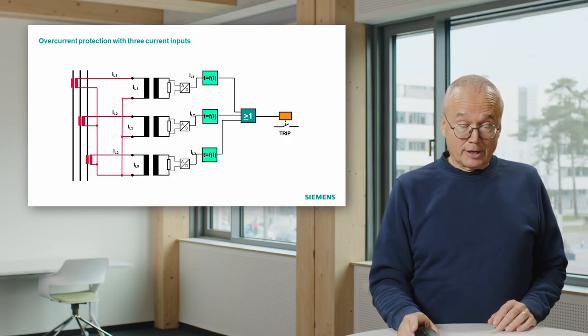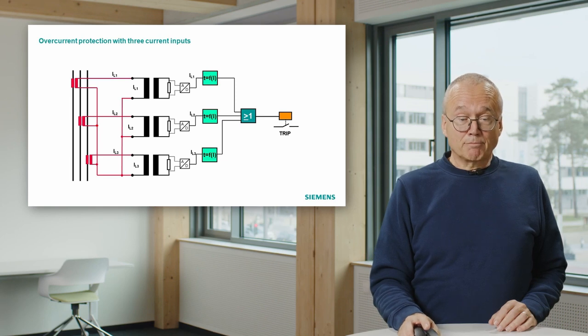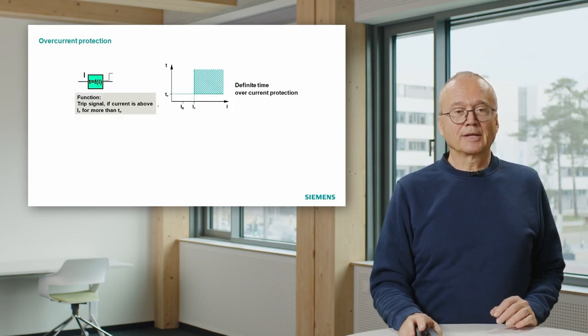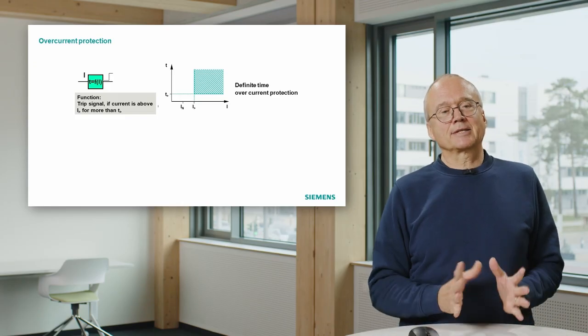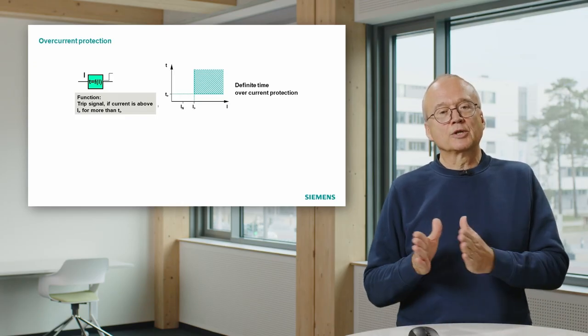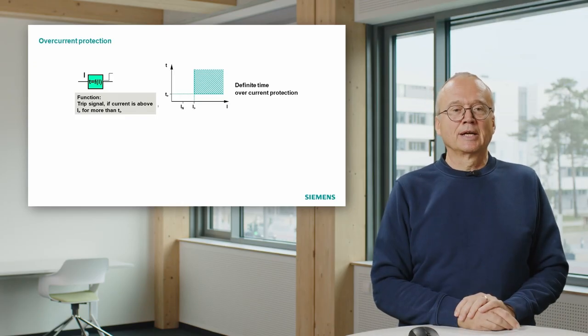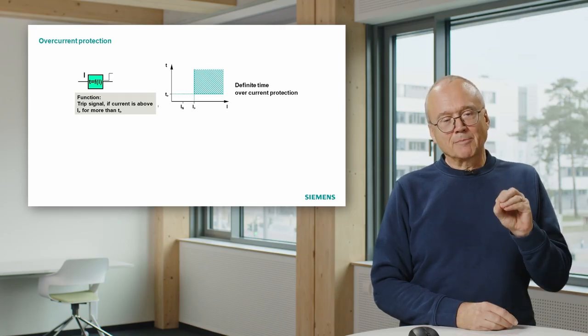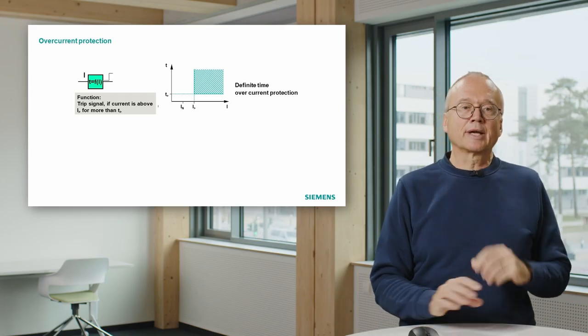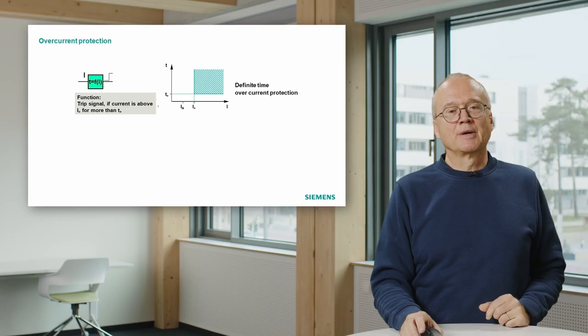Now let's look a little bit more into these blue boxes. What is inside there? And that is shown on the next slide. As I already mentioned, we have 2 types of overcurrent protection, and they can be distinguished by looking into these boxes.